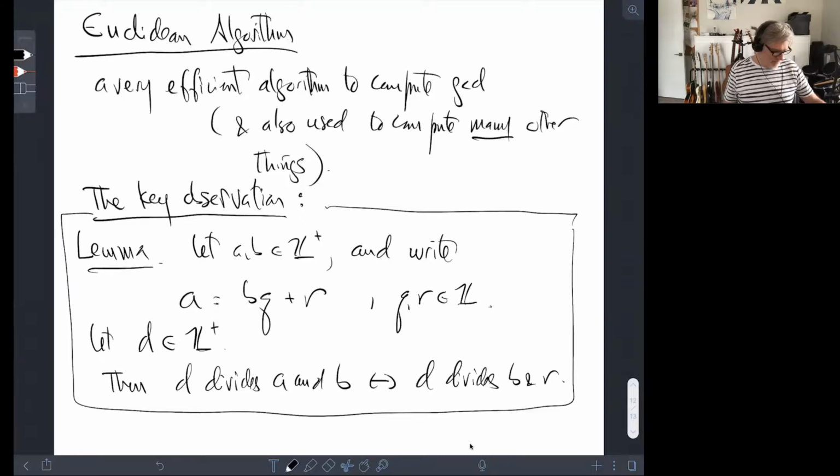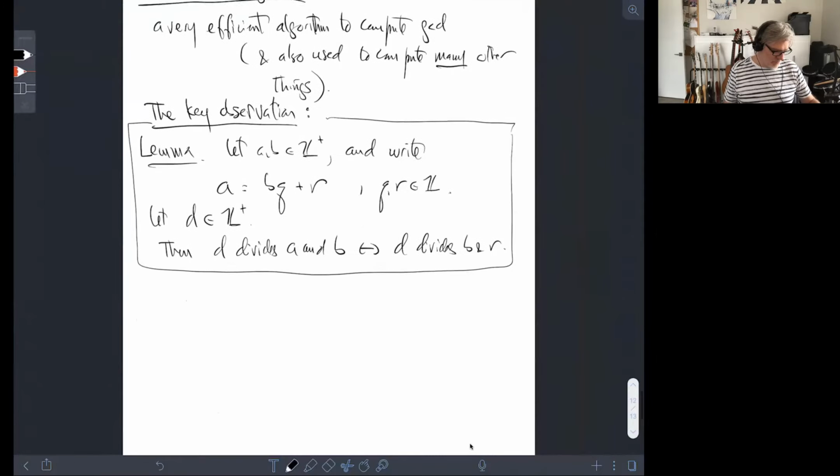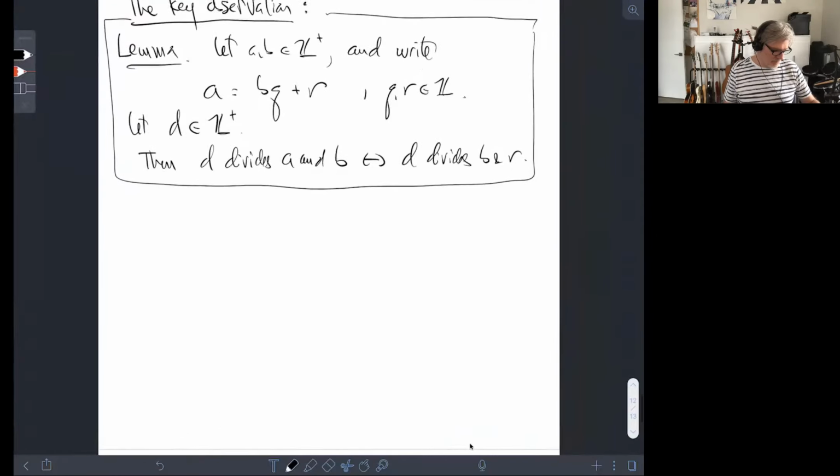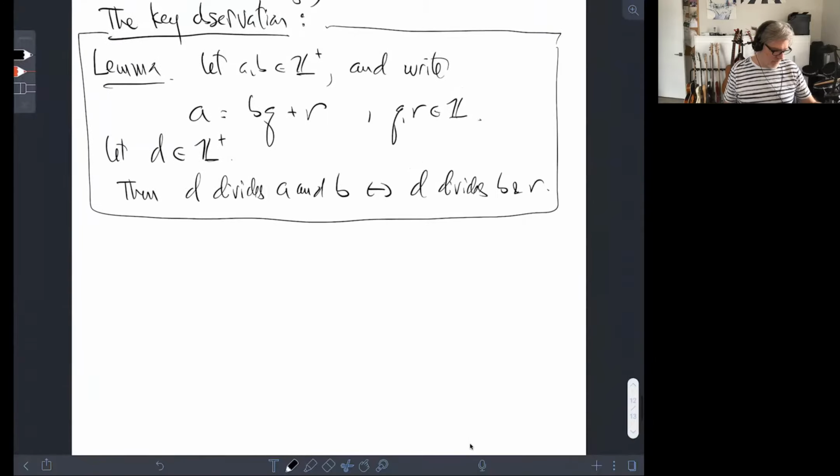Okay, so why is this true? Okay, proof. I don't know how this works through a screen, but anyway, a good way to approach a course like this is if you can reach the level where you're asking yourself, okay, why is this true?